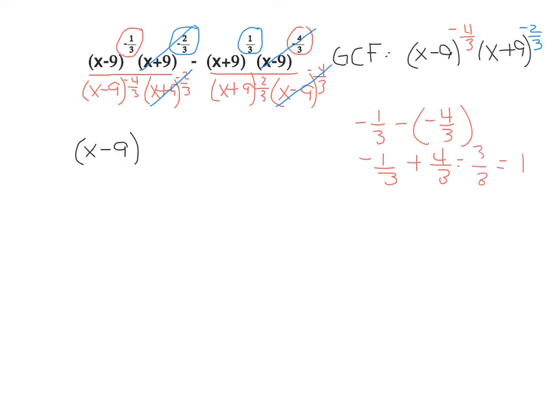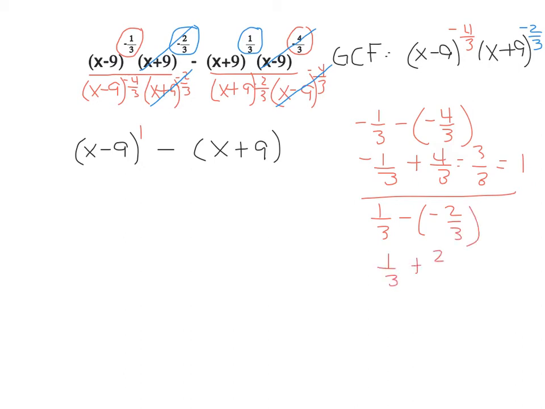So we're going to have one of those. Minus, now on this one, we're going to have the x plus 9 left. And calculating the exponent for that, we'll have 1/3 minus a negative 2/3. So that'll turn to 1/3 plus 2/3, which again is 3/3, or 1. So we'll have one of those.